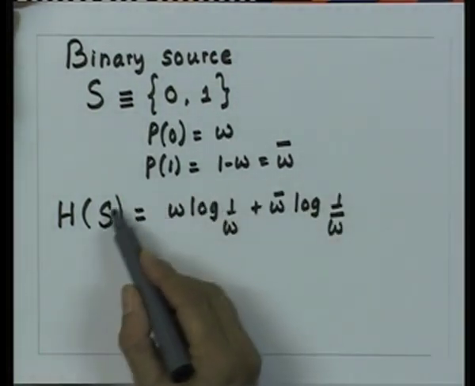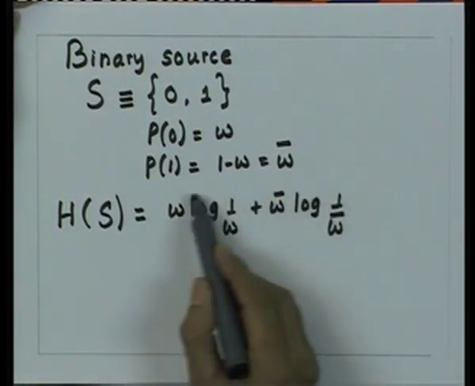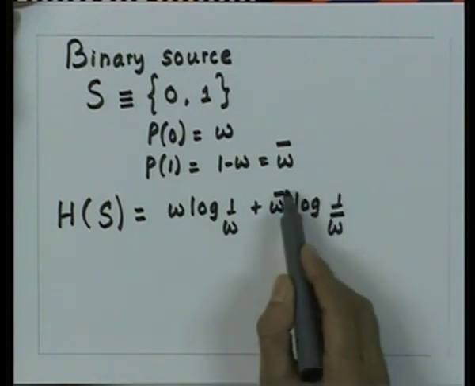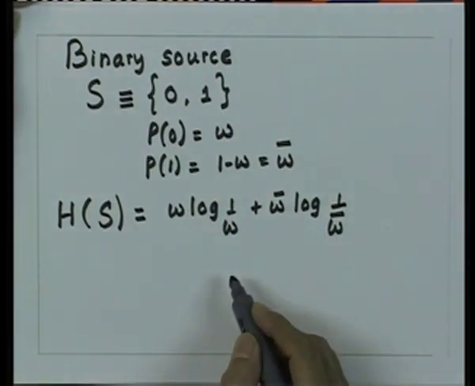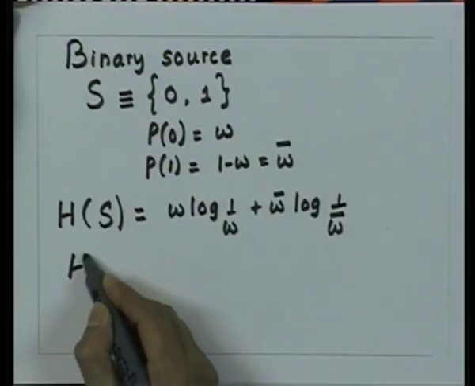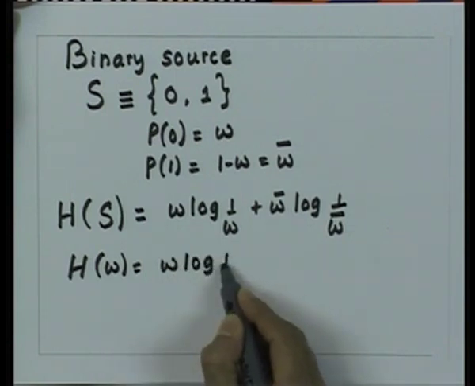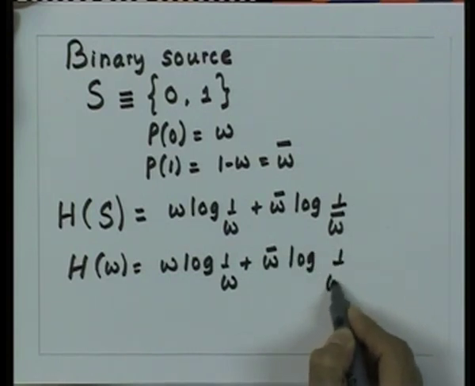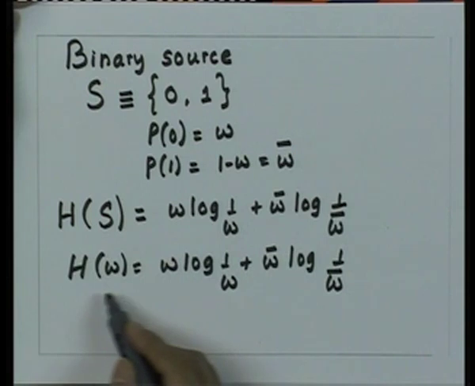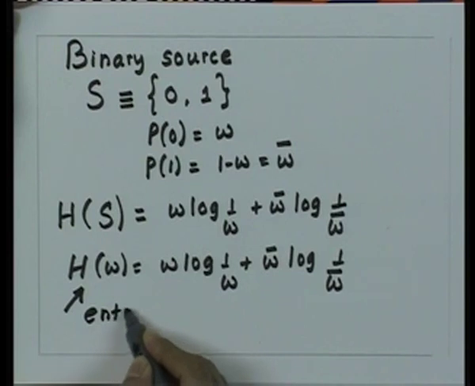Now, in the information theory literature, you will find that the expression on the right hand side is a function of W and it occurs very frequently. So, if I denote this as a function of W, then I write H(W) as W log 1 by W plus w bar log 1 by w bar. If I write like this, then H(W) is basically termed the entropy function.